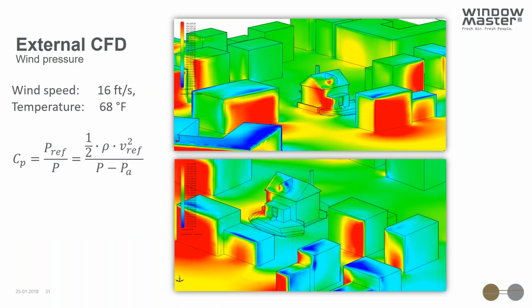The CFD models for the control of the natural ventilation system, we are doing from 8 different wind directions as a default, as a basic, but this can of course be more detailed if required. It's depending on the surroundings.